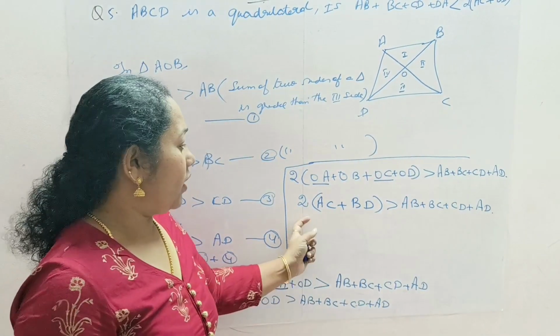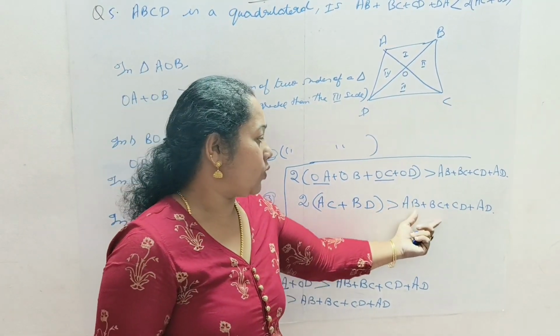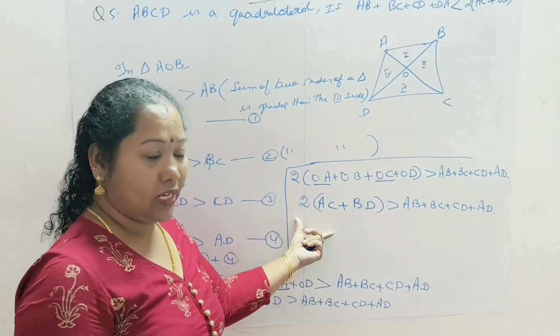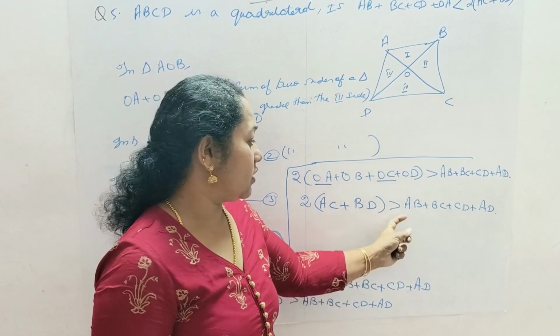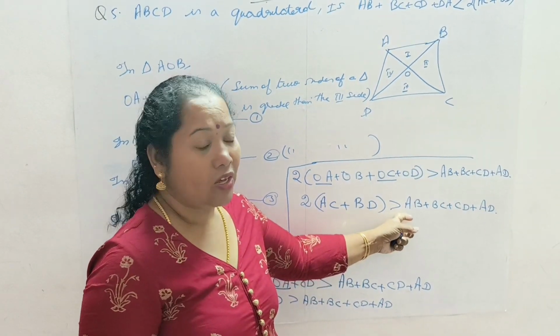If this is greater than this one, and we exchange the sides, then the sign automatically changes to the opposite one.